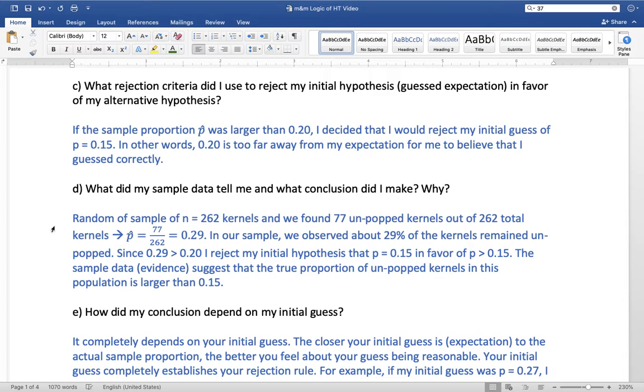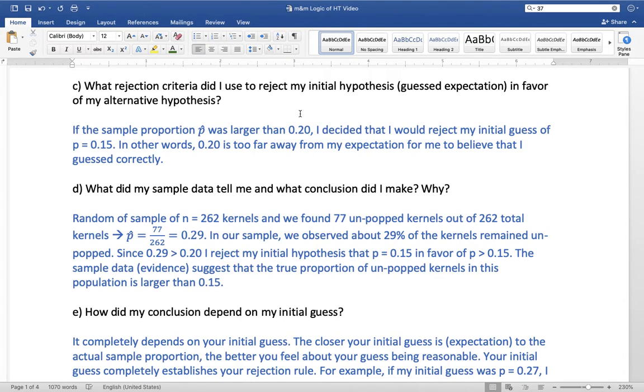If I pop this bag of popcorn and I find that the sample proportion, the proportion of unpopped kernels that I get from that bag, is larger than 0.2 or 20%, I decided that my initial guess of 15% is probably not right. 20% is probably too far away from my initial expectation for me to believe that I guessed correctly.